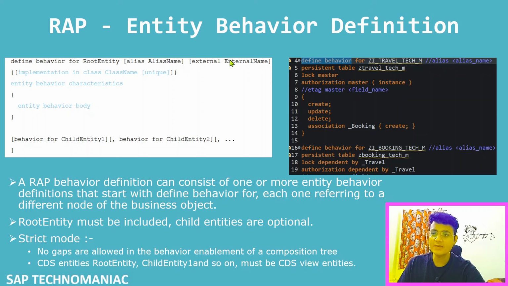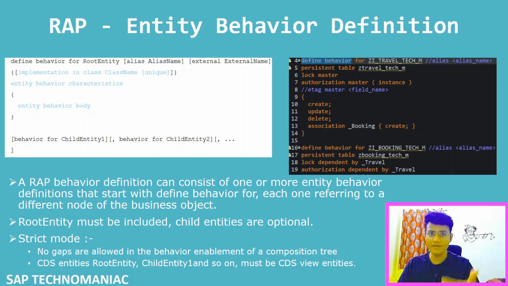Apart from the alias name, we have something called an external name, and this is not relevant to ABAP. Internally in ABAP we are not using it anywhere, but whenever we are seeing our metadata extension file, since this behavior definition will create one service, and out of that in the service binding we can see the service as well, as I showed you in my previous video also.